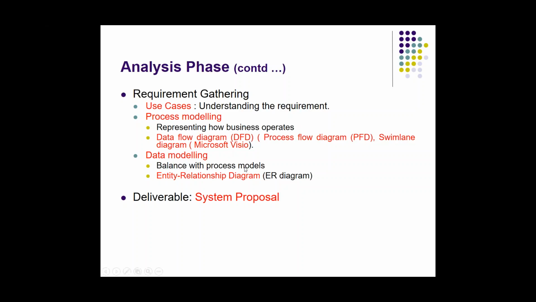We also do something called data modeling. In the data modeling, we also look at how the data is going to look. What we would do in data. How much data would be required? What kind of data?